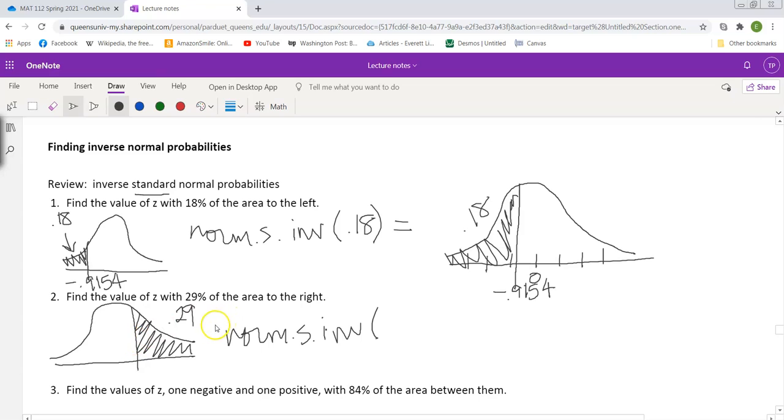So if 29% is above, we have to tell it how much is below. So it's 1 minus 0.29, which is 0.71, because that's what's left out of 100%. So NORM.S.INV 0.71.